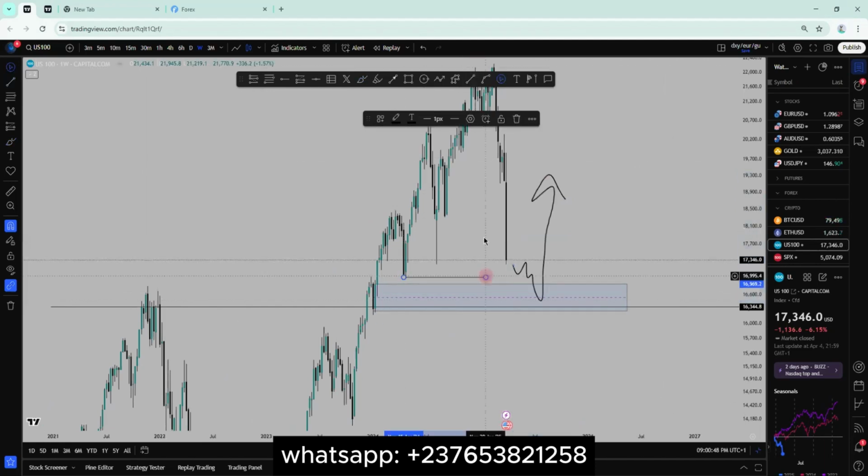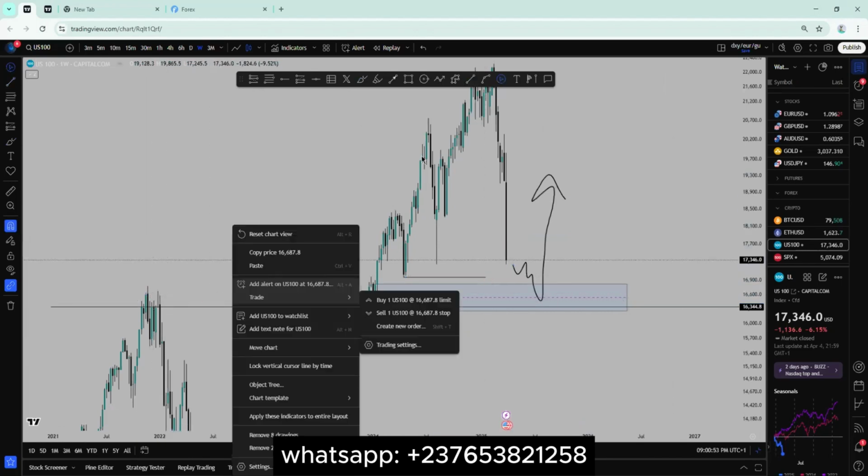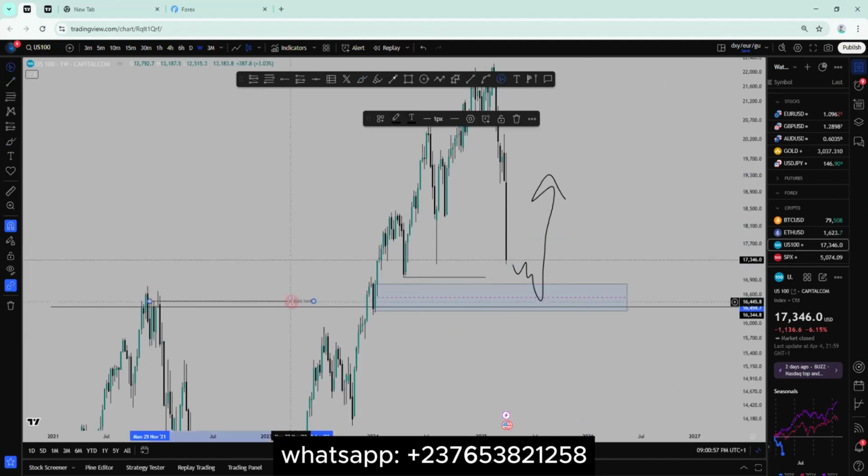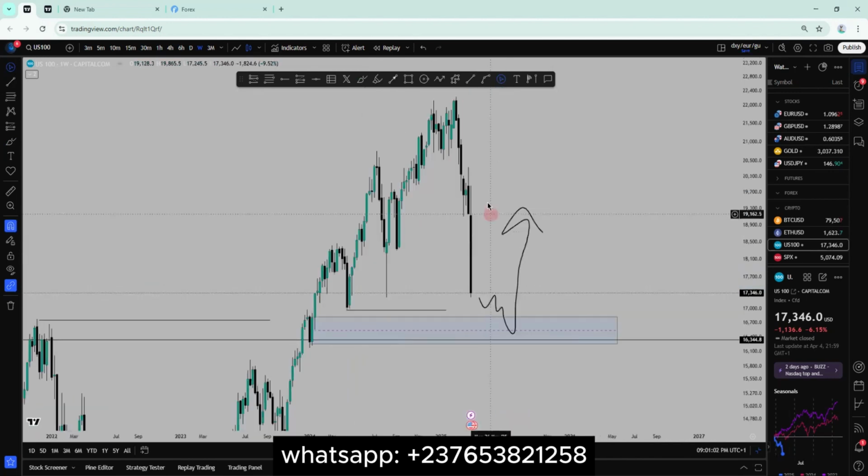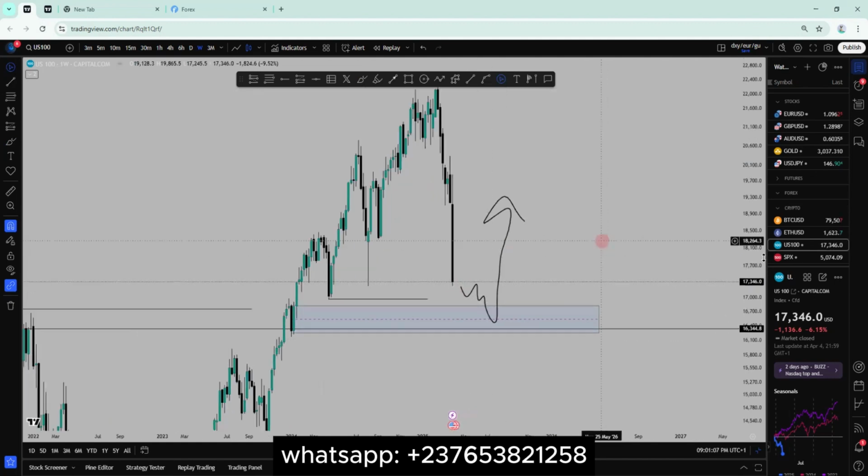So I'll try as much as possible to catch this swing trade from here. If we catch a swing trade from this other block here, we can hold it a little bit up, maybe throughout the week. That's US 100. Which asset have I not checked?